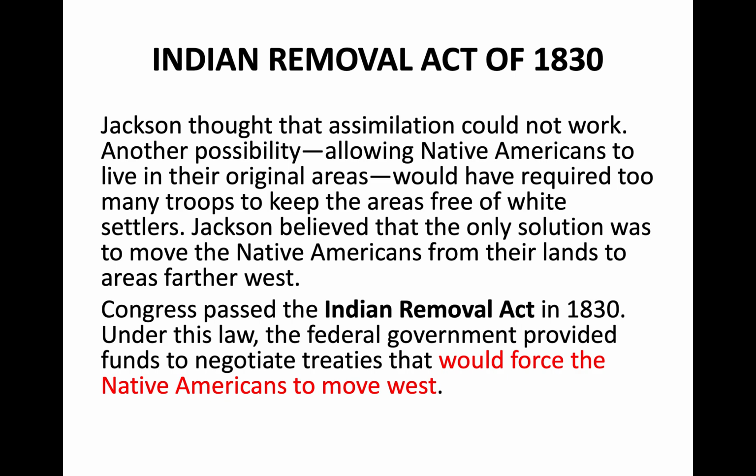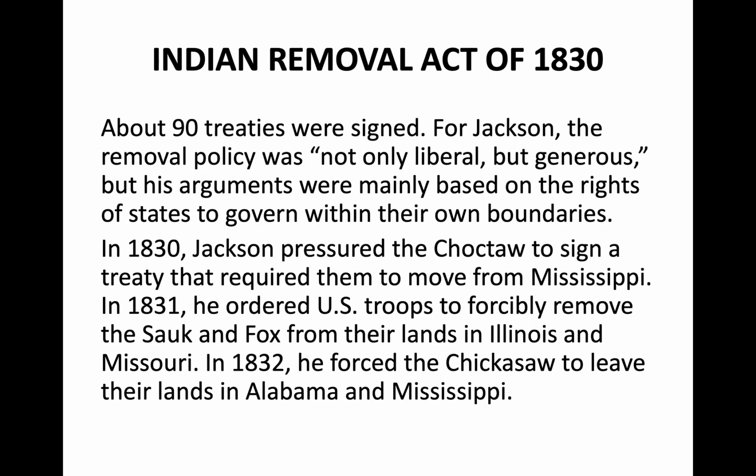Under this law, the federal government provided funds to negotiate treaties that would force the Native Americans to move west. About 90 treaties were signed. For Jackson, the removal policy was not only liberal but generous. But his arguments were mainly based on the rights of states to govern within their own boundaries.